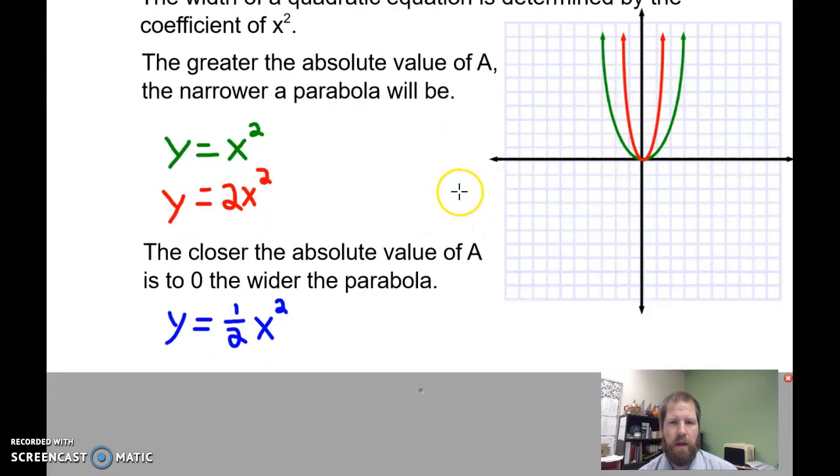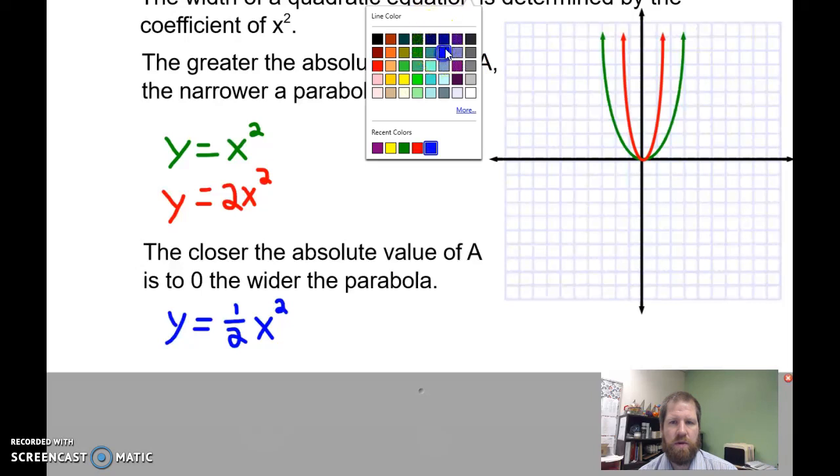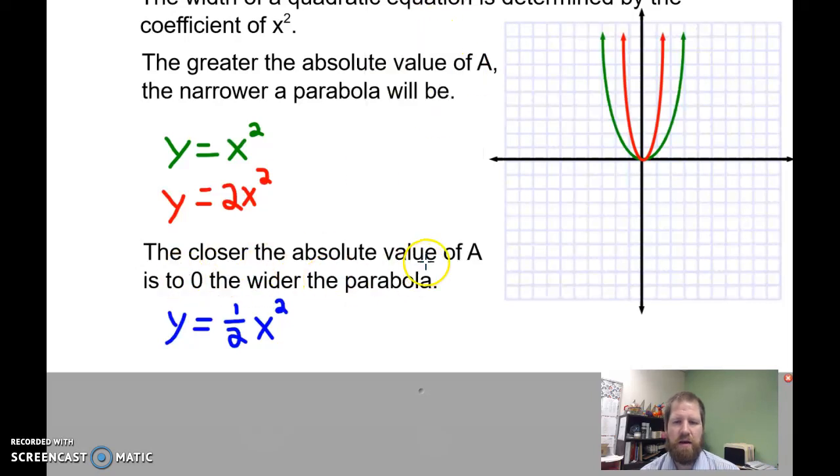And the next one we have is any equation with the absolute value of a very small coefficient, which is going to have a wide graph. Whereas this one made y larger, it increased y so that we had a really tall, narrow graph, this one is going to make y smaller, meaning we're going to have a wider graph.